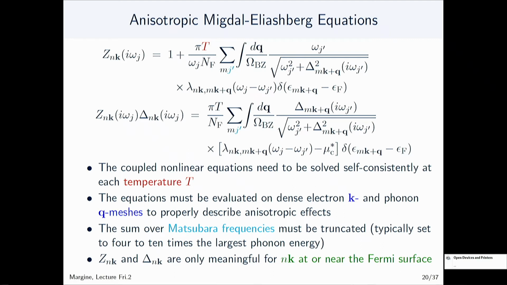So you can take advantage of this and only use a Fermi window when you evaluate this equation near the Fermi surface. And I will give a bit more details in the technical lecture about how this is done in practice.